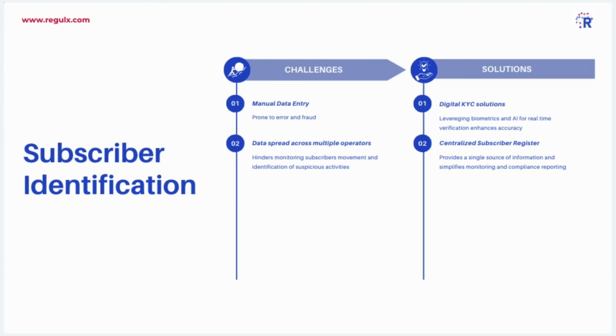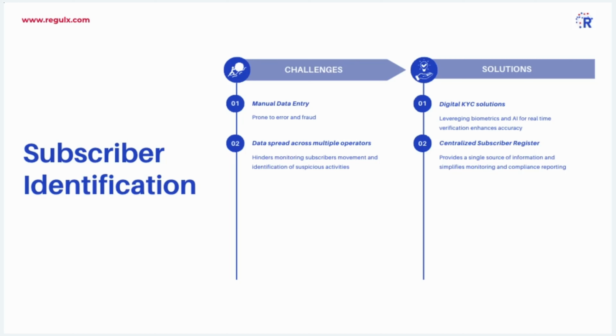Even when you implement a strong KYC, you will have a challenge that the data is spread across multiple operators. Each telecom operator will have its own register with this data, and it will be really difficult to cross-check data between these registers.